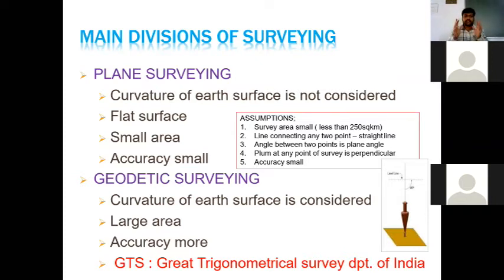In plane surveying, we take a very small area, and the accuracy will be very small.